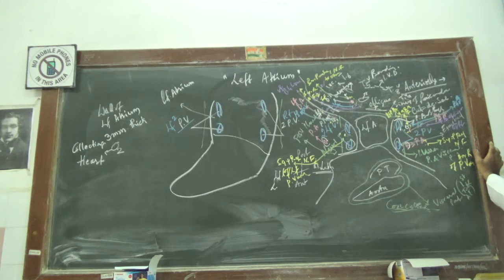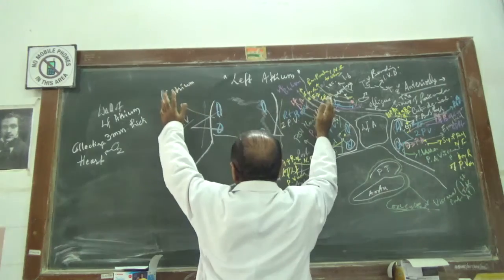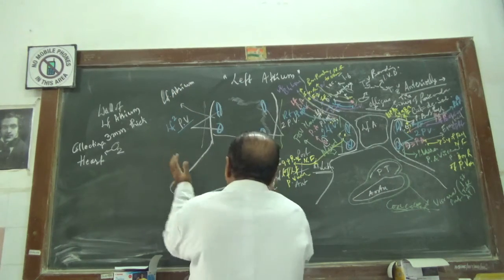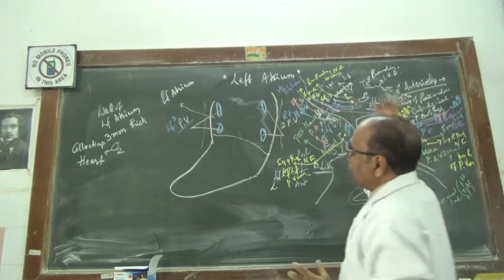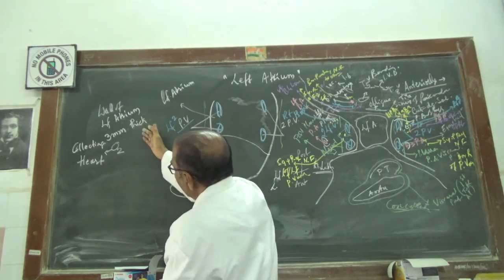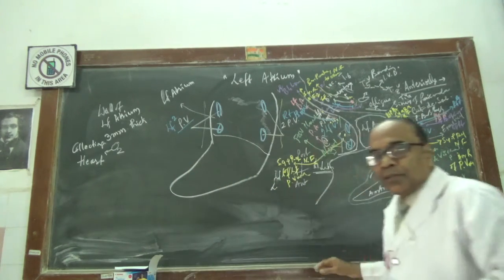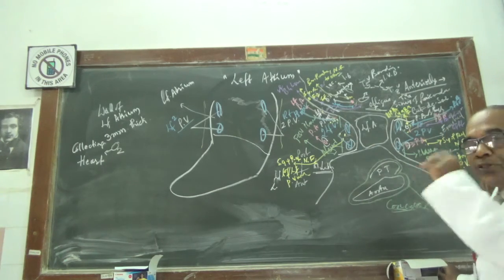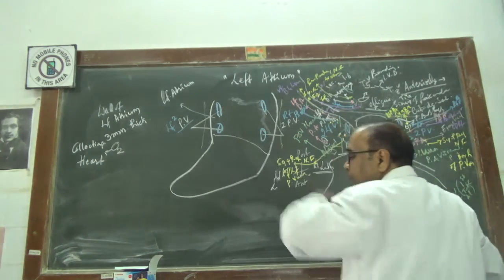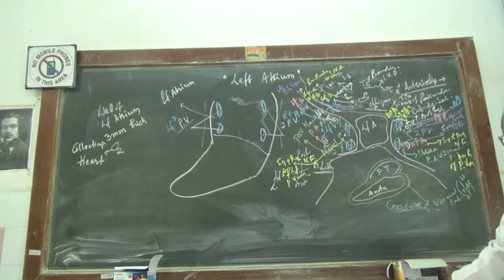When there is atrial diastole and ventricular contraction, whatever blood is there in the lung, because of the loading, it will be pumped into the left atrium, when the entire pulmonary circulation is over.